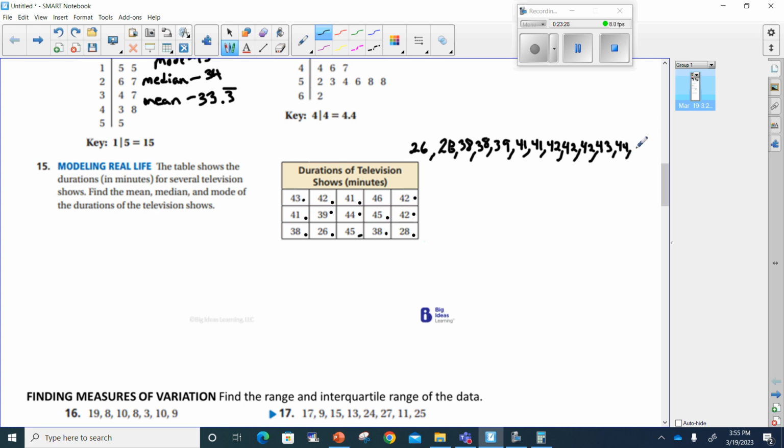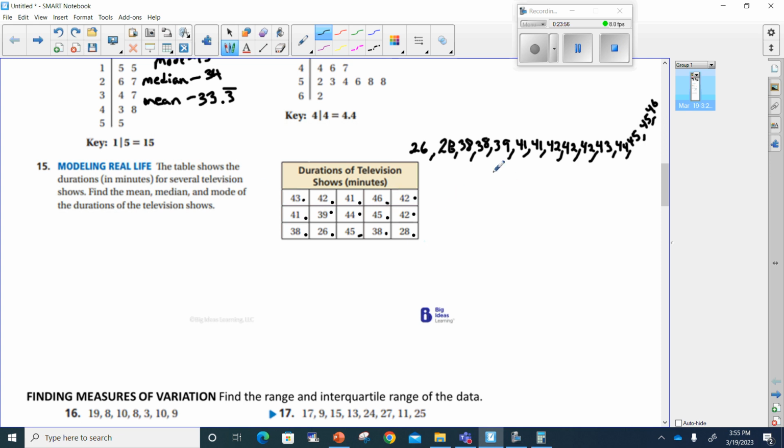Wow, I'm going to go off the board here, aren't I? 45, I'm just going to scroll this way. 45, so there were two of them. And then there's one that's 46. And I think that's every single one. All right, they want to know the mean, median, and mode.